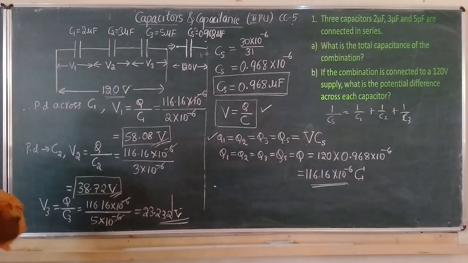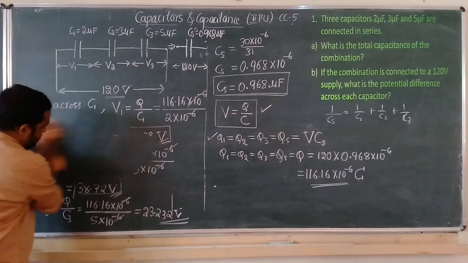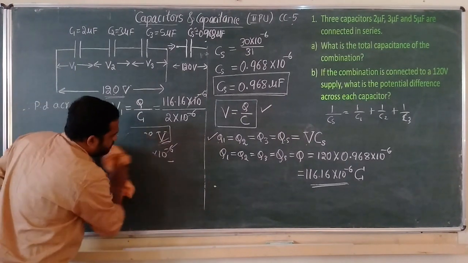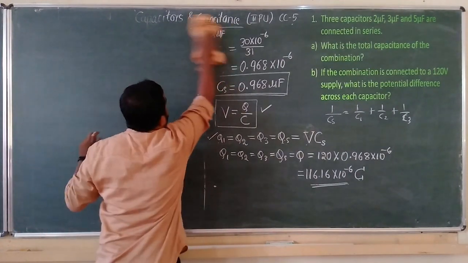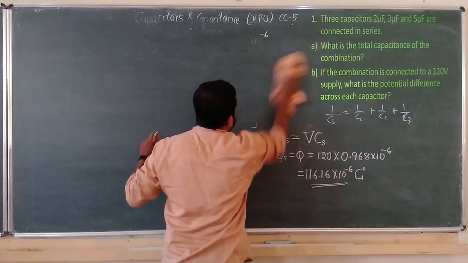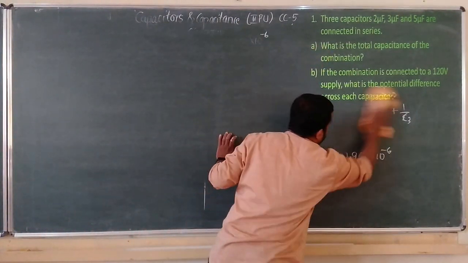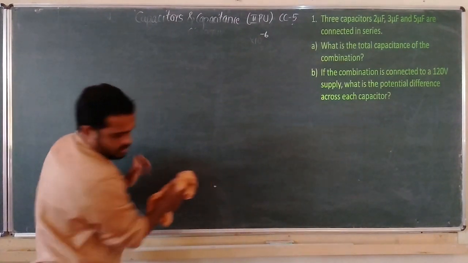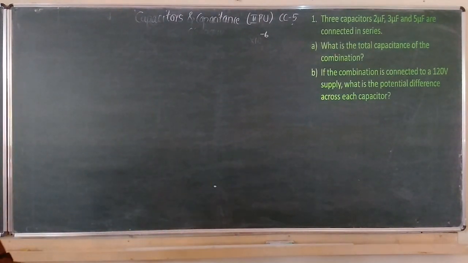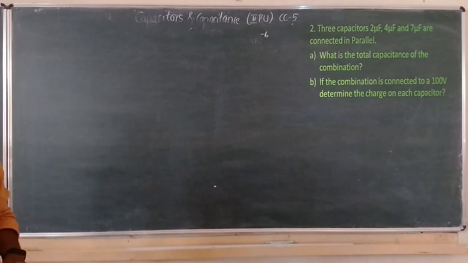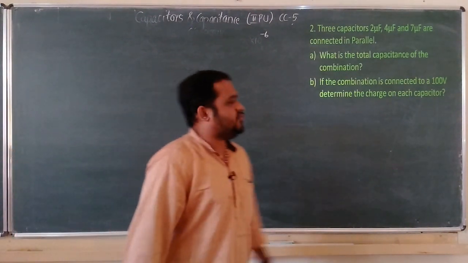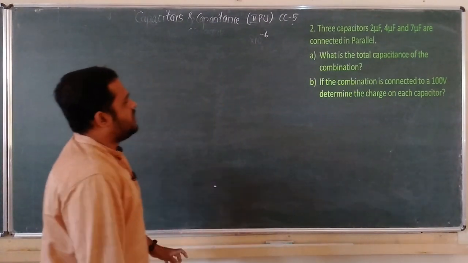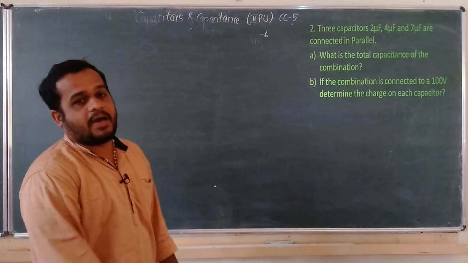Next, let us move on to the next problem, that is based on parallel combination of capacitors. Second problem, parallel combination of capacitors. Three capacitors, 2 microfarad, 4 microfarad and 7 microfarad, are connected in parallel.